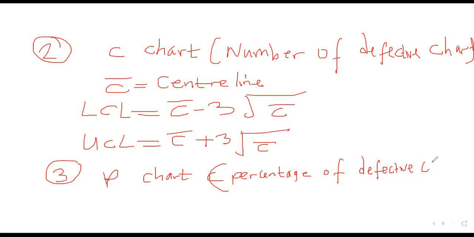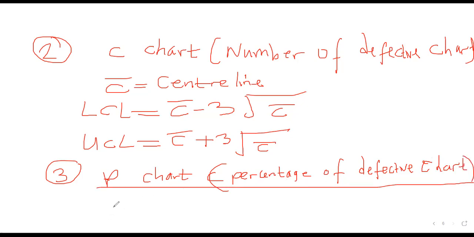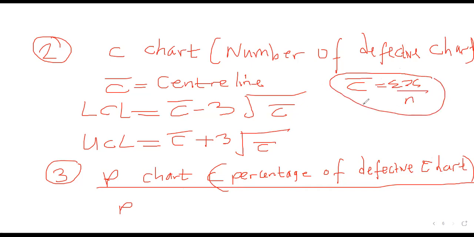Before getting down to the P bar, the C bar is equal to the summation of X over N. It's more like the mean.